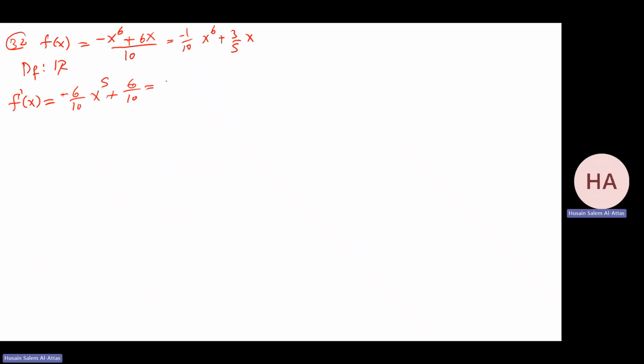This is plus 3 over 5. I can take 3 over 5 as a common factor. By the way, this is 3 over 5 also. So it will be 1 minus x to the power 5.